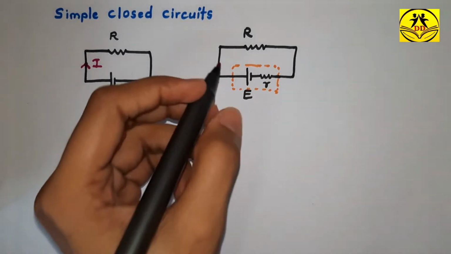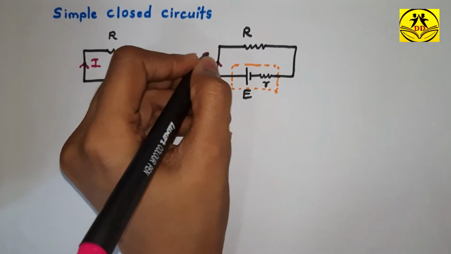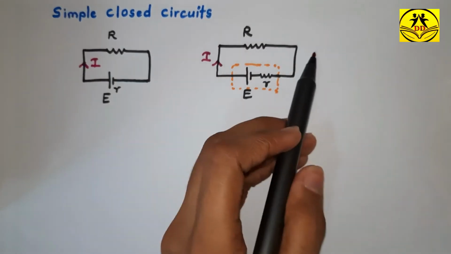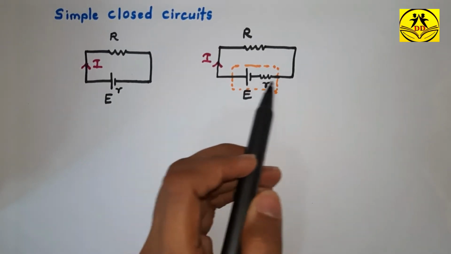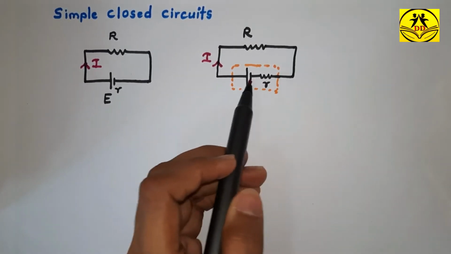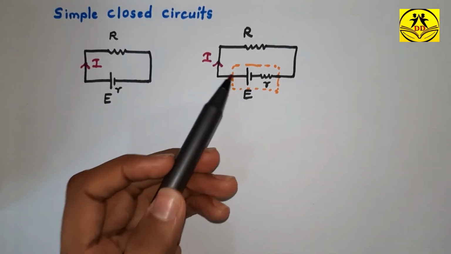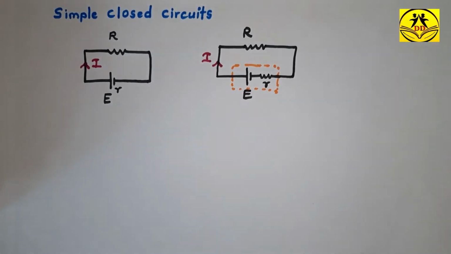Here also, this is the same circuit, same current I. So current I flows across this resistor and also this internal resistance of the cell, and this is the EMF of the cell. So you know these things now.